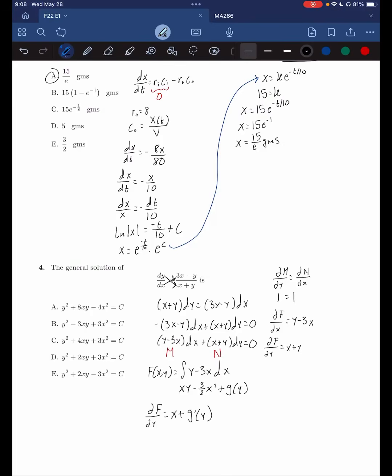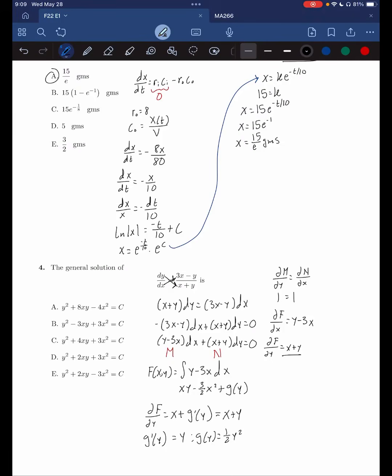What else is equal to df dy? This is equal to df dy. So as we can see, our x's match up, and we're left with g prime of y is equal to y. If g prime of y is equal to y, we can simply integrate both sides and get g of y is equal to 1/2 y squared.